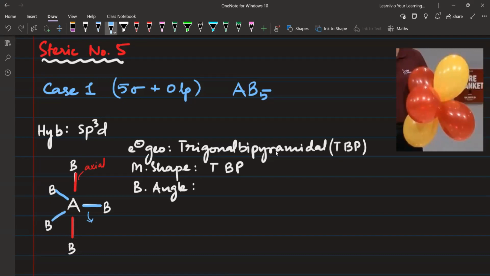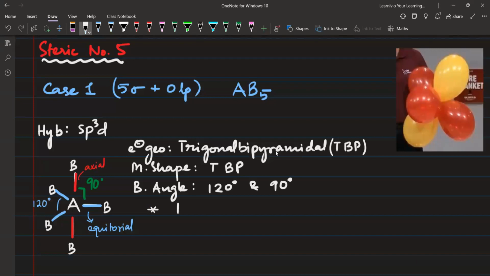These are known as equatorial. If I look at the bond angle between the equatorial, this is going to be 120. If I look at the bond angle between axial and equatorial, this is 90 degrees. So I will write, there are 2 bond angles, 120 degree and 90 degree.